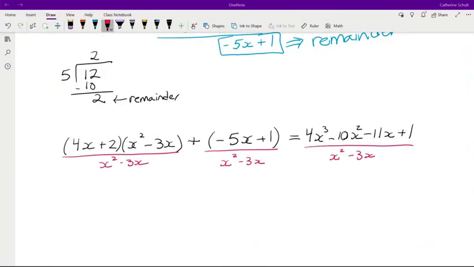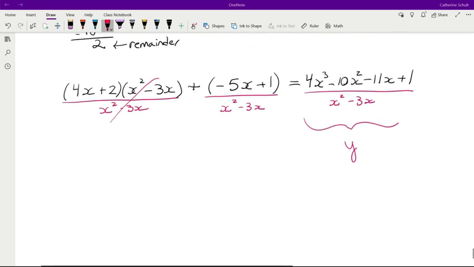Okay, so we're doing this. So now this is our y. This whole thing is our y. That cancels. So what are we going to get? We're going to get our original function y, bear with me, is equal to 4x plus 2. That's this part. Plus the remainder over the divisor.